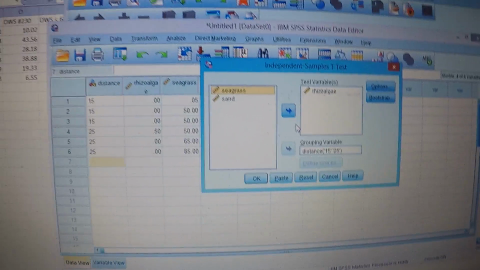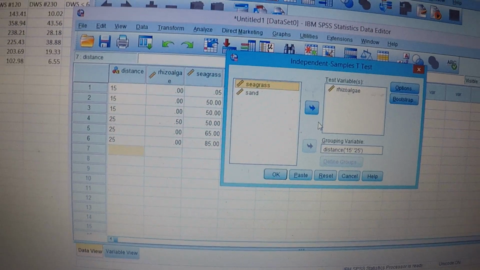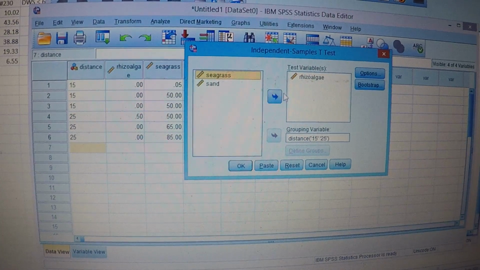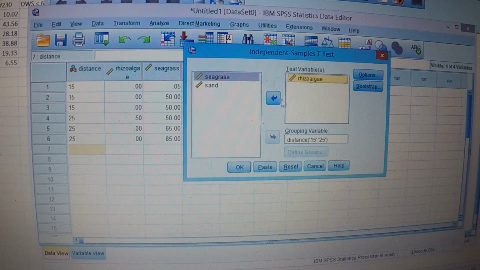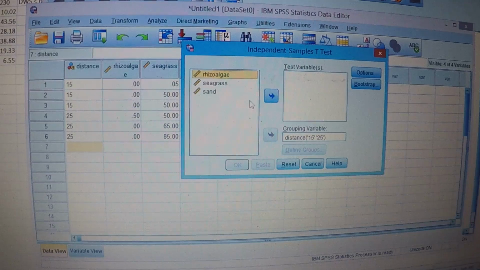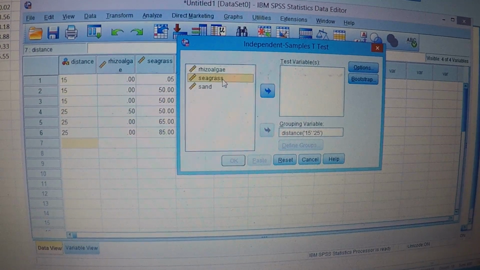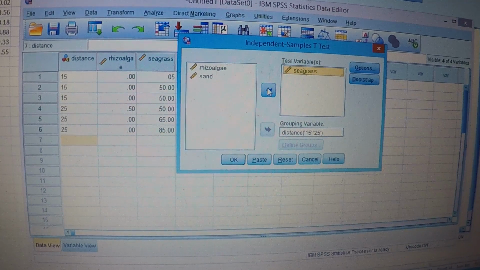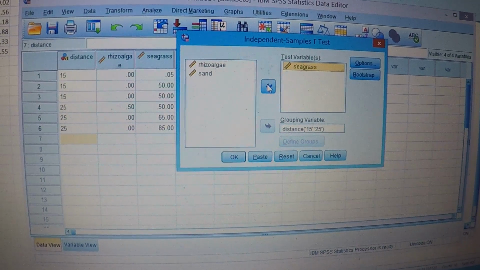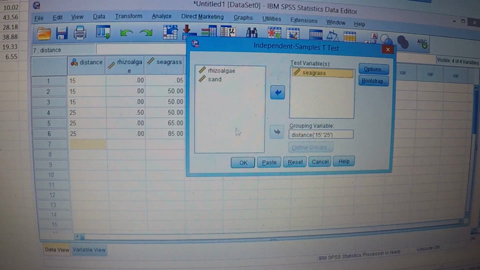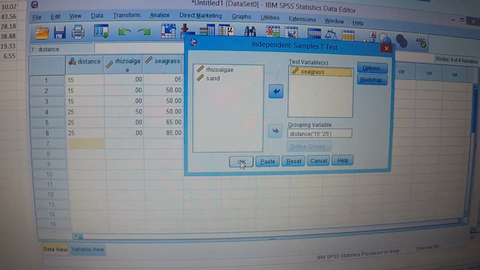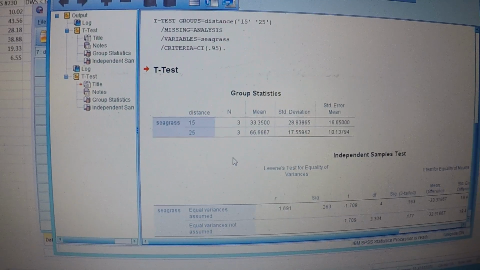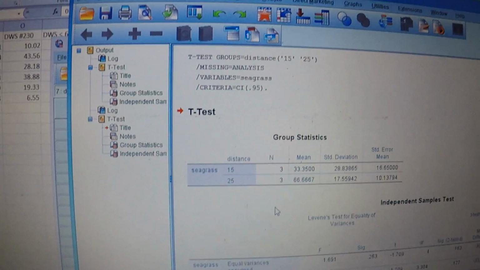In this case, I'm going to leave my groups of 15 and 25, but I'm going to take that rhizophytic algae, click on it, get rid of it, send it back to where it came from, and I'm going to take my seagrass and bring it over to the right. And then I'm going to press OK. Ta-da! Now we should have results for seagrass.